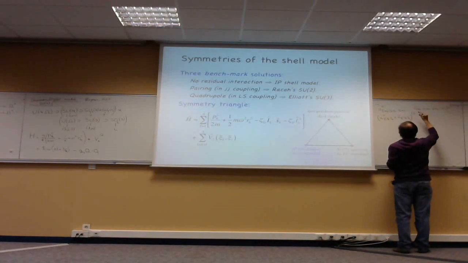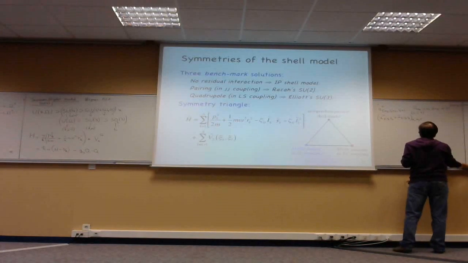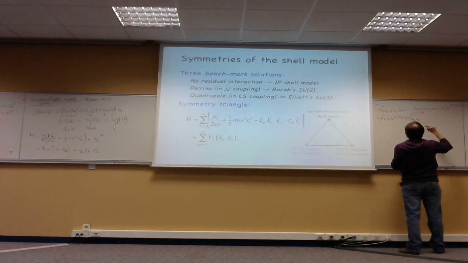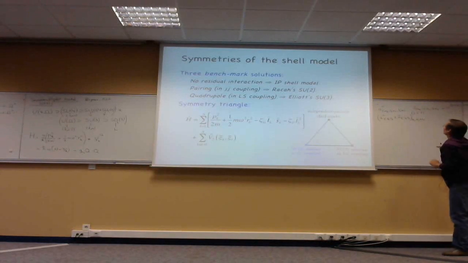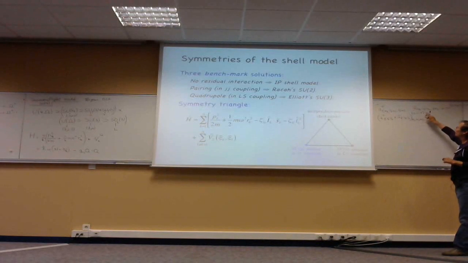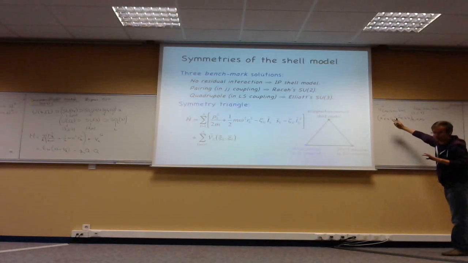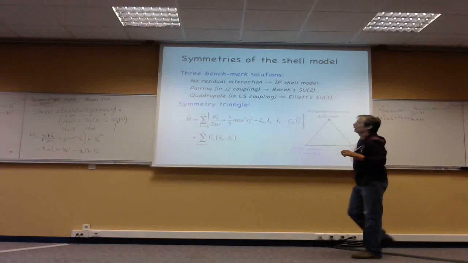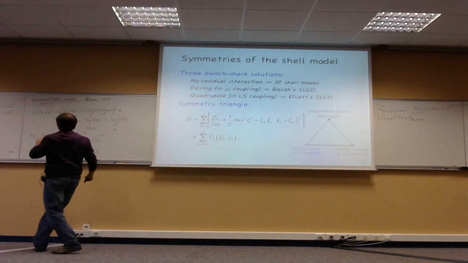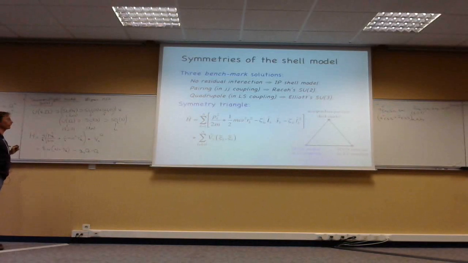Here I can couple to total angular momentum L, total spin S, total isospin T, and then with projections MS and MT. If you look at all the possible values of LST, there is no restriction because there is no antisymmetry, since this is creation, that is annihilation, then you should find omega squared operators.